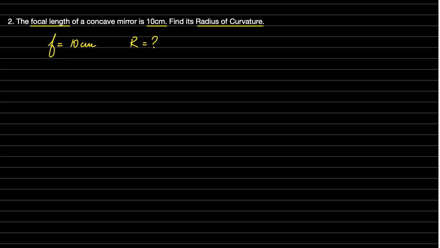Now in the previous question we just learned the formula F is equal to R divided by 2. So from this formula we can write R is equal to 2 into F. So R is equal to 2 into 10.